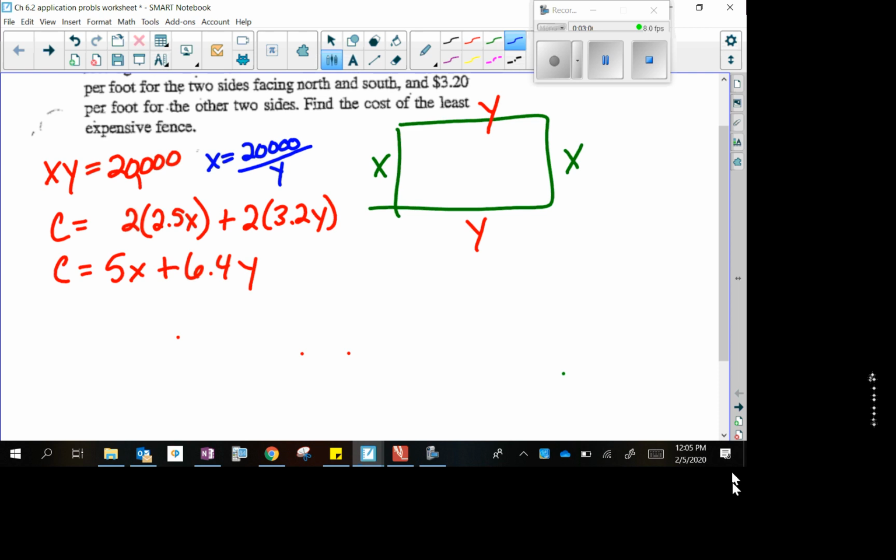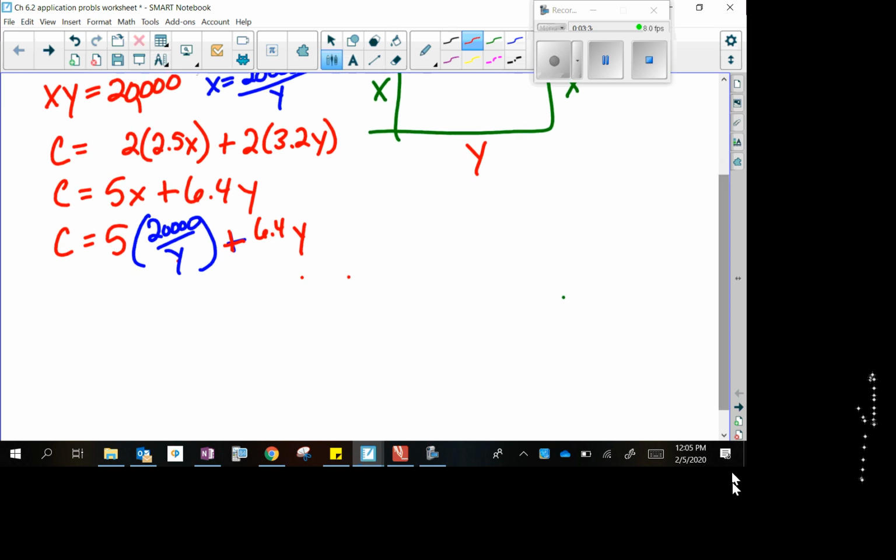Now we use 20,000 divided by y to replace our x in our cost equation. So we've got the cost equals 5 times 20,000 over y plus 6.4y.